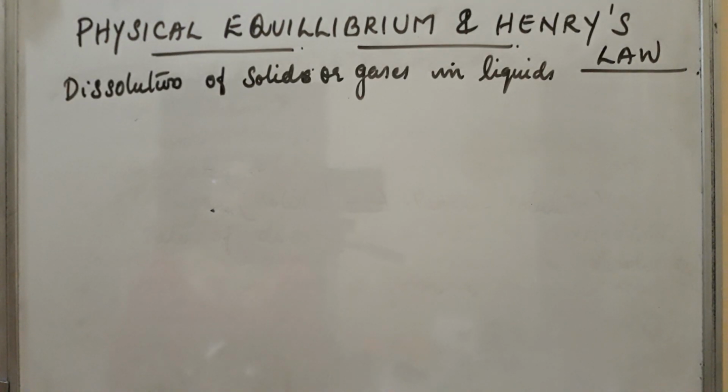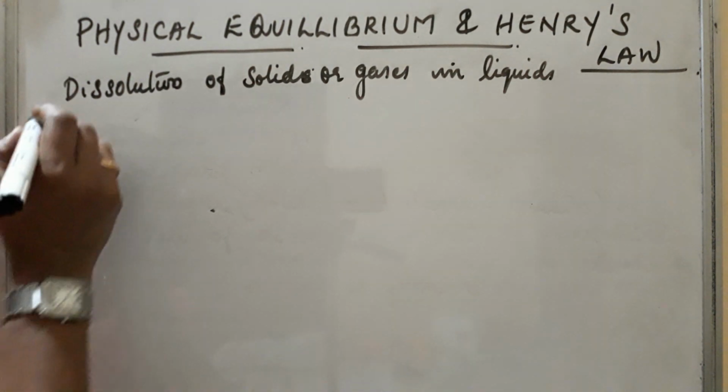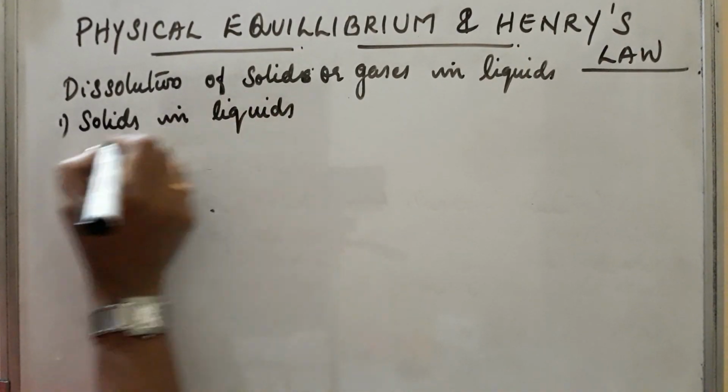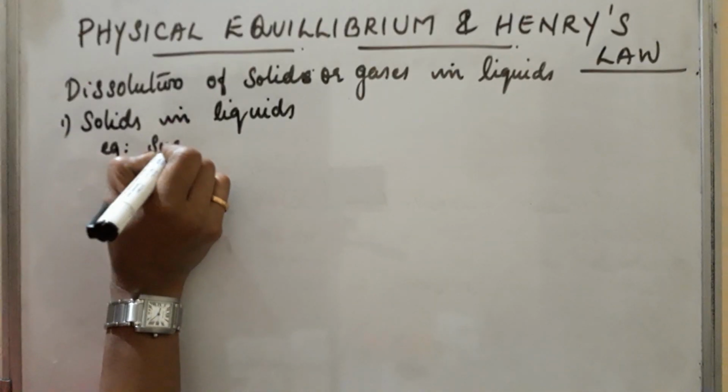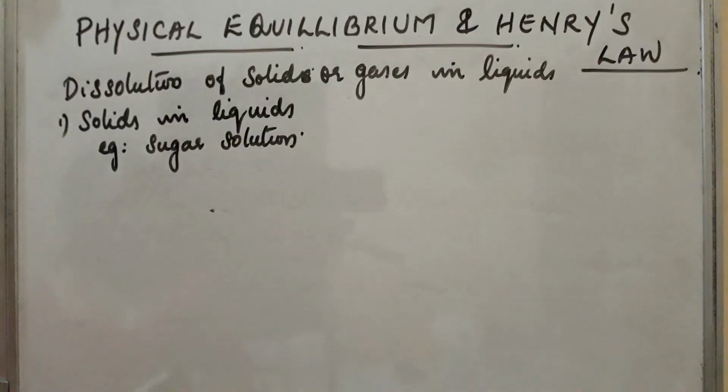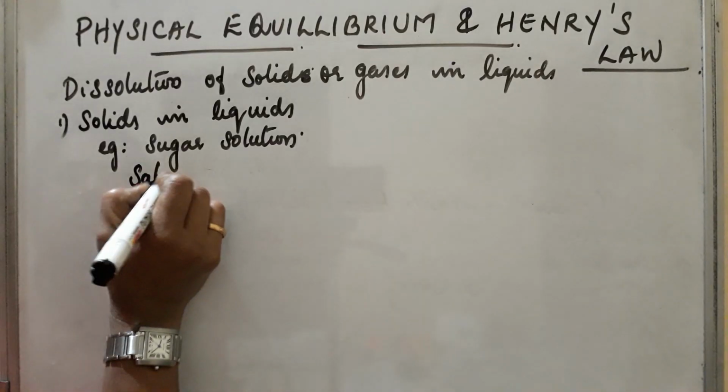Next is dissolution of solids or gases in liquids. First, we are discussing solids in liquids. For example, if we take a sugar solution, dissolving sugar in water, after some time it will not be possible to add more sugar. No more sugar is dissolved in the water. So this solution is called a saturated solution.